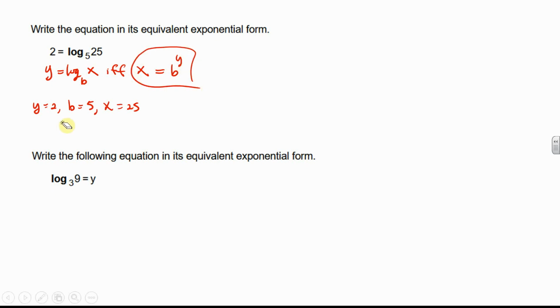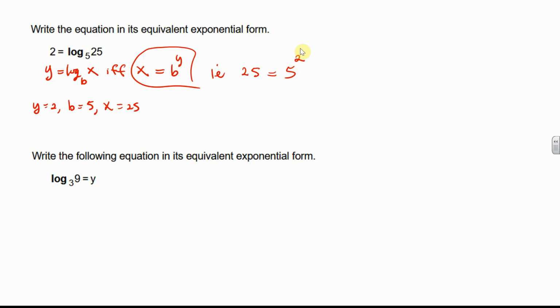So once you know what is y, what is b, what is x, then I can write it in this form that I have blocked off. So if I go by this, my x, which is 25, is equal to b. B is 5 raised to the y. Y is 2.